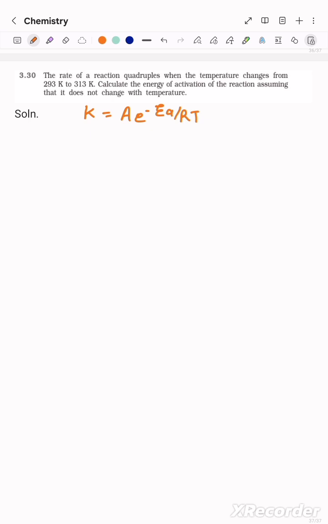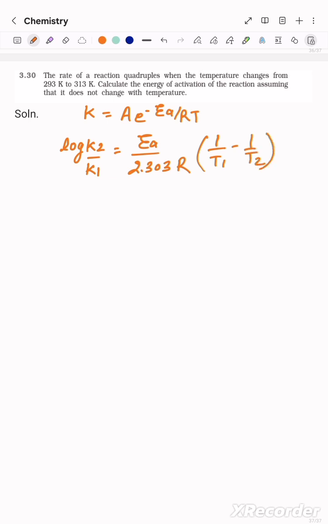So this will become log k2 by k1 is equal to EA by 2.303 R times 1 by T1 minus 1 by T2. So this is the integrated form of the Arrhenius equation.